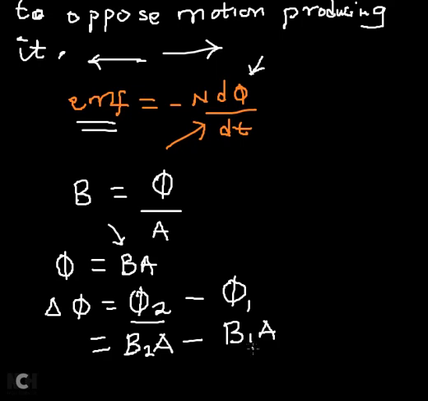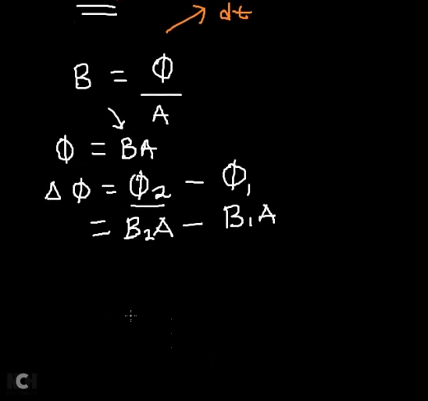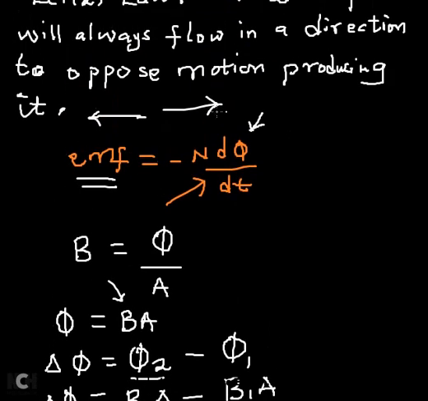So I can conclude that the change in flux, since area is common, is area bracket open, B2 minus B1. Put that in the formula of electromagnetic induction.